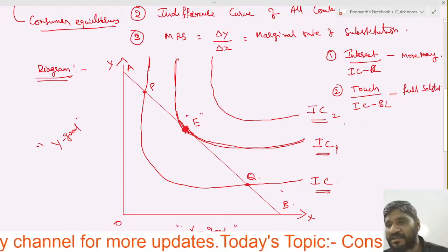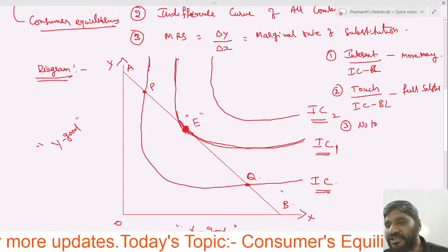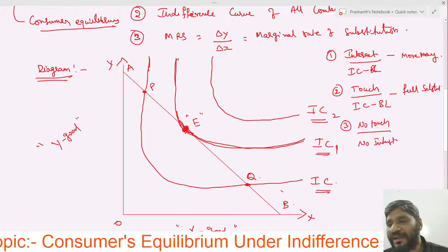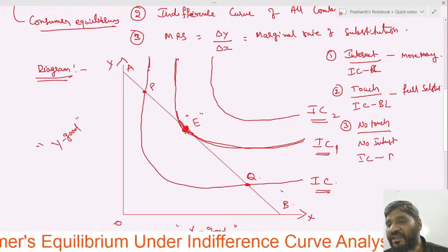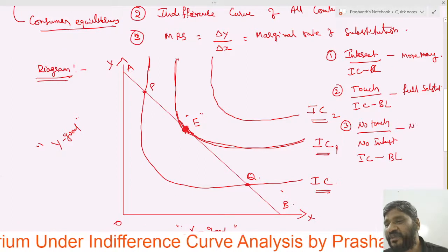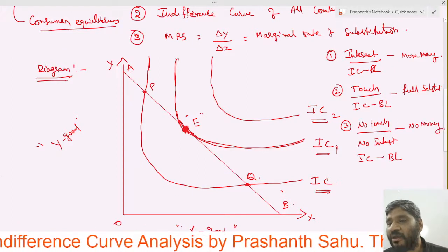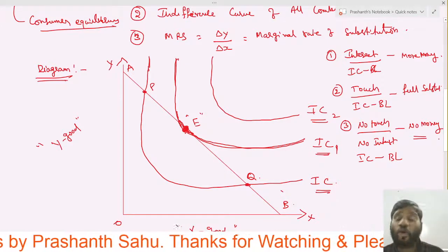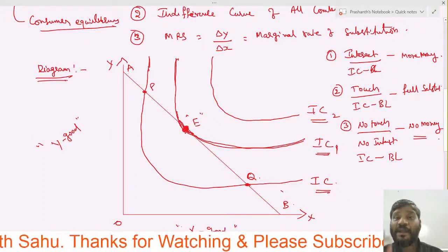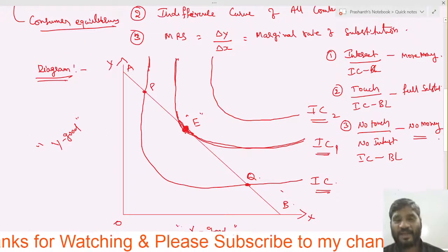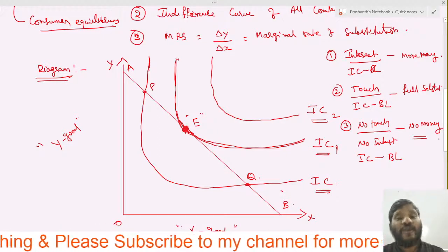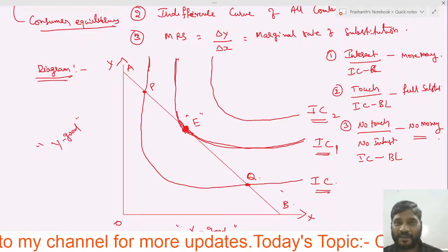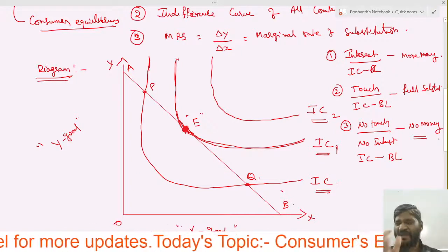Next, number three, no touch or no intersect. The IC curve with the budget line, which means no money. This simple funda, if you remember it, you can easily write it on your own. Did you understand? Intersect means more money. Touch means full satisfaction. Not touched, not intersect, no money. Right? So very simple.